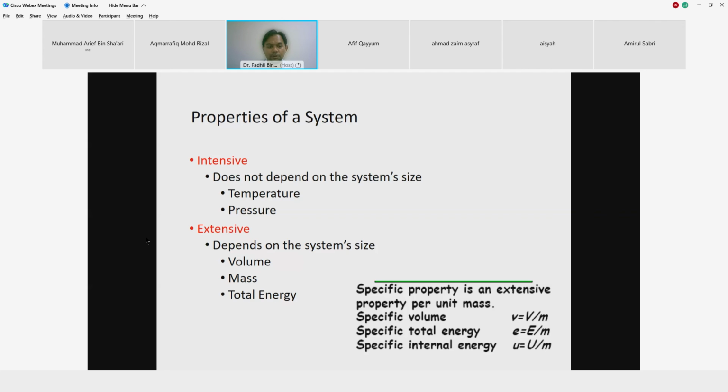So therefore, volume, mass, and total energy are extensive properties. This is how we determine the meaning of extensive properties. Any property that depends on the size of the system is called an extensive property.